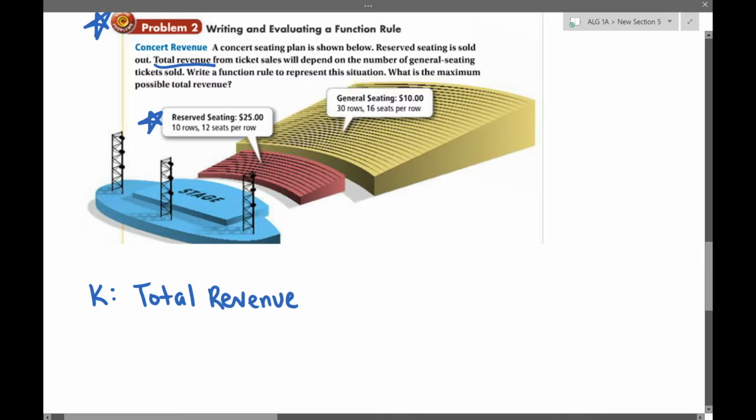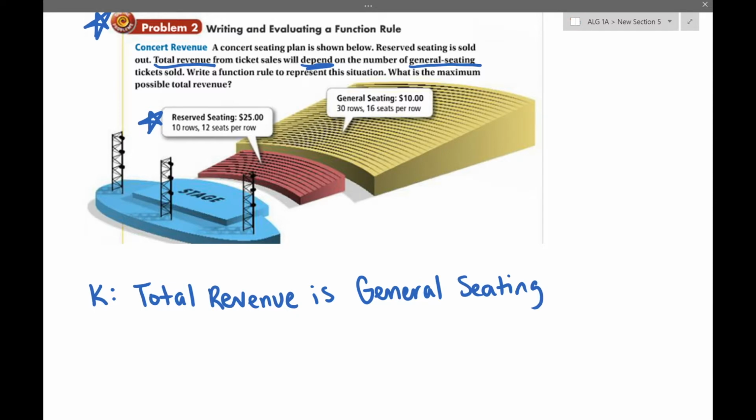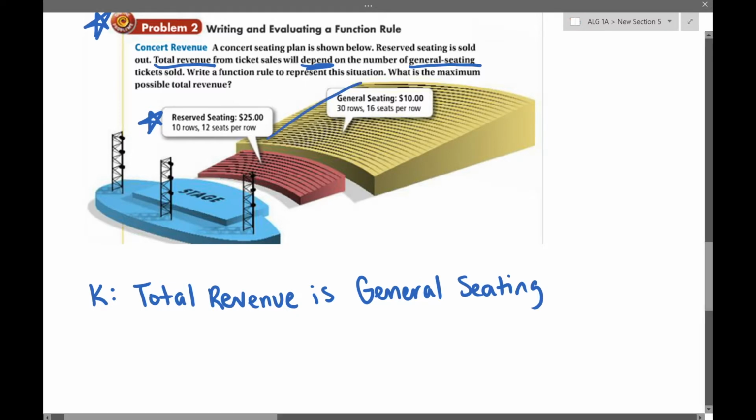Total revenue is general seating, because that's what it says, general seating. So total revenue is dependent on general seating, and so would it just depend on this whole section right here?